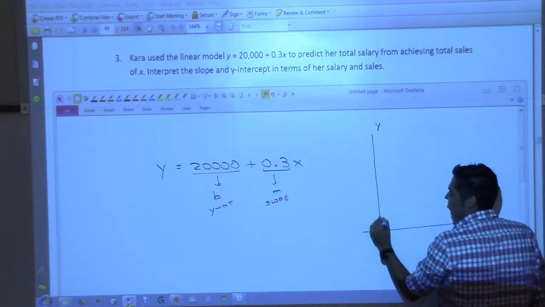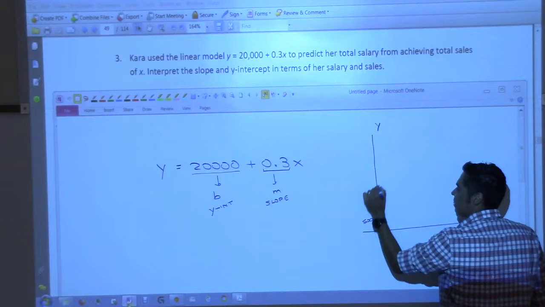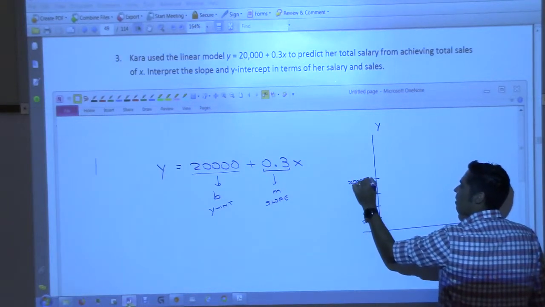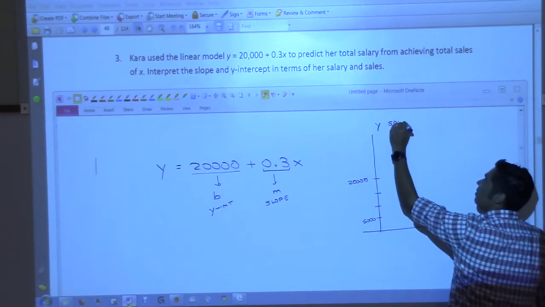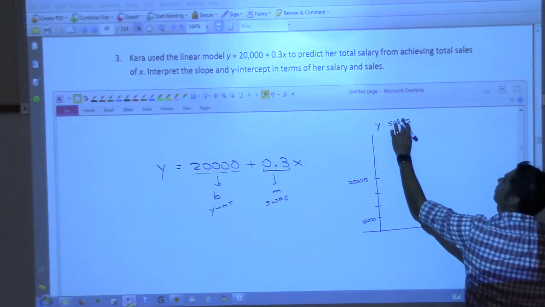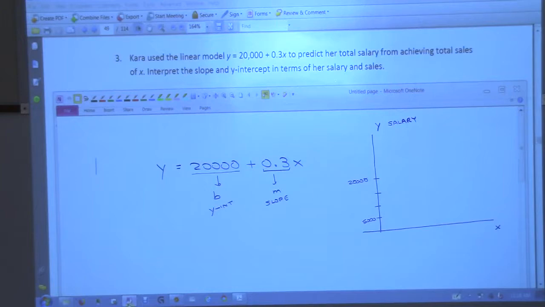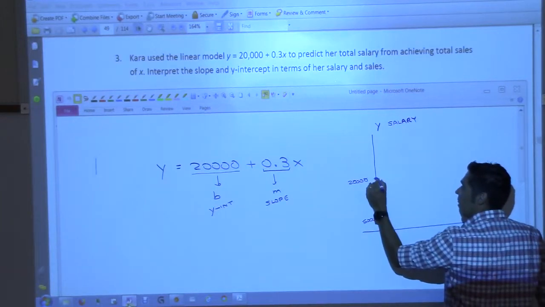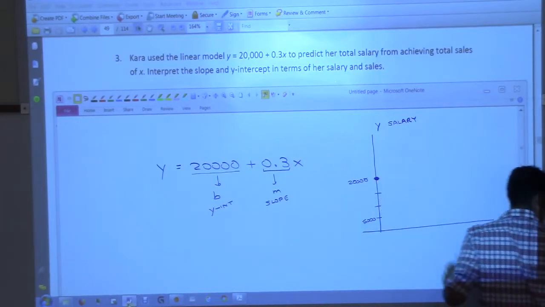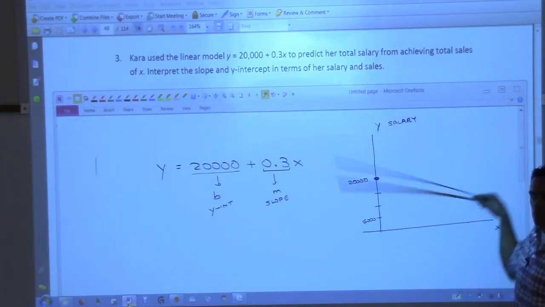So I'm just going to count by 5,000. So this is 5,000, 10, 15. Here's 20,000, okay? And remember, this linear model predicts her total, not sales, sorry, salary. All right, that's her salary. So 20,000, and then this line slopes which way? Does it pitch up, or does it pitch down, or is it vertical or horizontal?